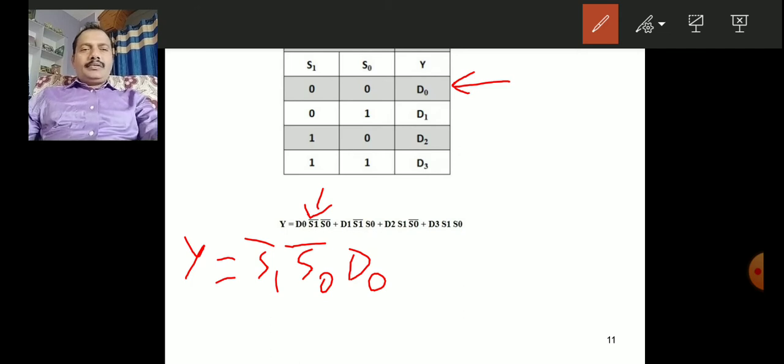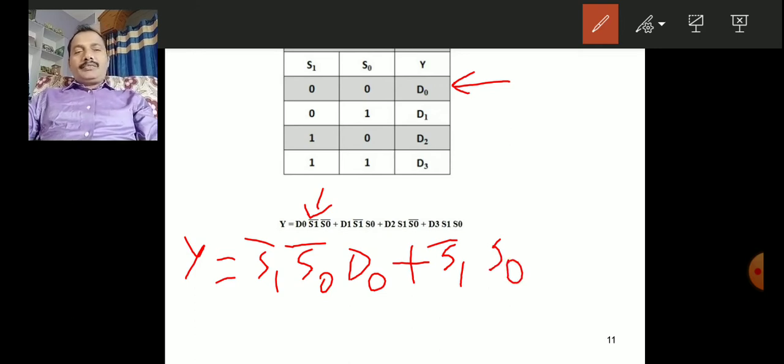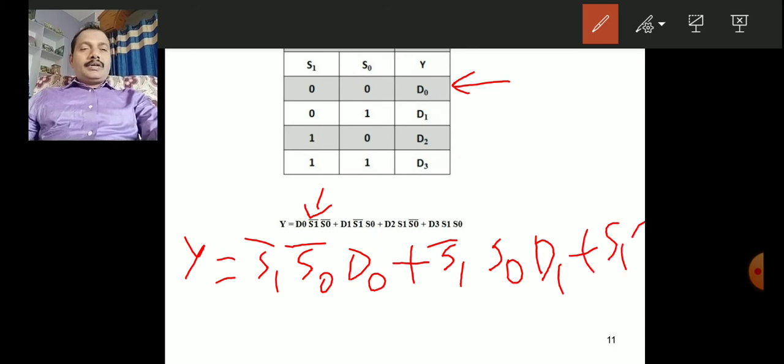Next, for the next term, S1 bar, S0. Because S0 is 1, you should not write the bar. S1 bar S0, that's all. That is D1. Plus S1 S0 bar, next D2.